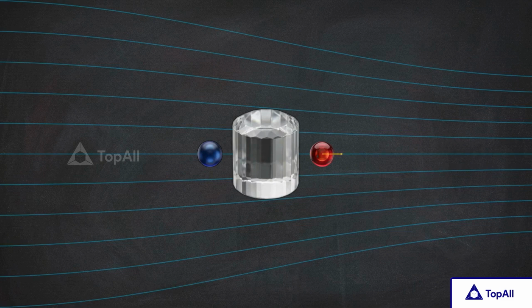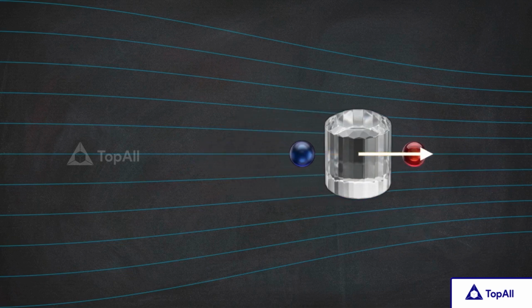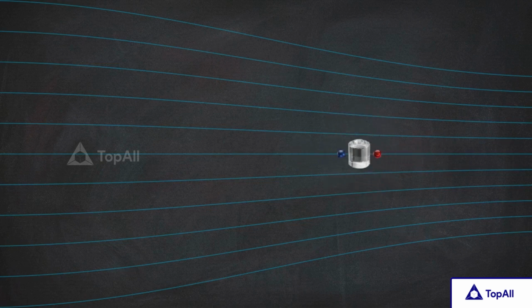The positive charge on the right sits in a denser, stronger region of the field. The force vector pushing it right is significantly magnified. The negative charge on the left is in a weaker, sparser region. The opposing force vector pulling it to the left is visibly smaller. The symmetry is broken. Because the positive force is stronger than the negative force, they no longer cancel out.